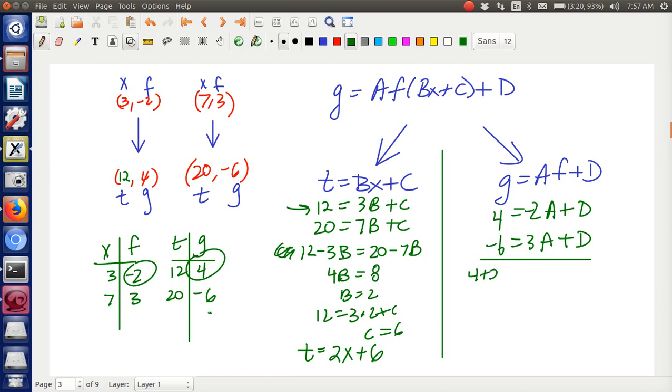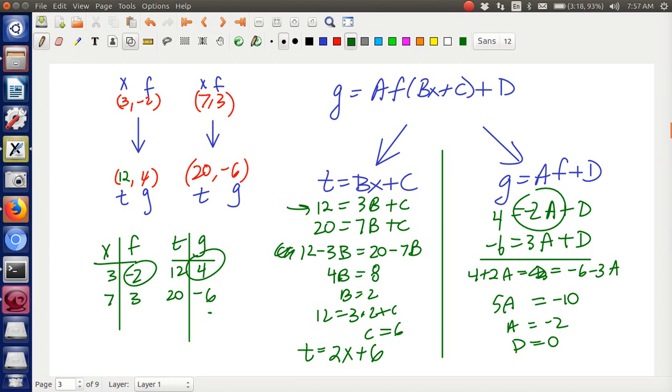So 4 plus 2a is equal to d is equal to negative 6 minus 3a, and then ignore the d. And then we're going to put 5a on this side, negative 10 on that side. A is equal to negative 2. If a is negative 2, then d must be 0.